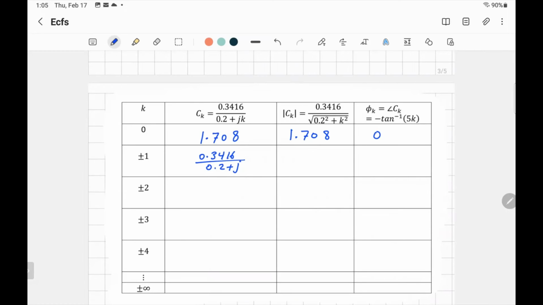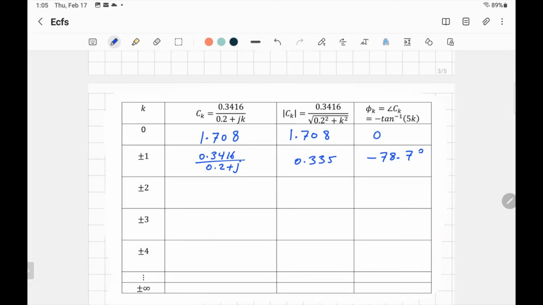What I did, I got the magnitude of the first one, 0.335, and the angle was negative 78.7 degrees. But I got that when K is equal to positive 1.